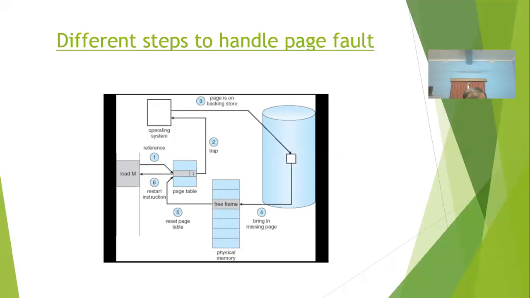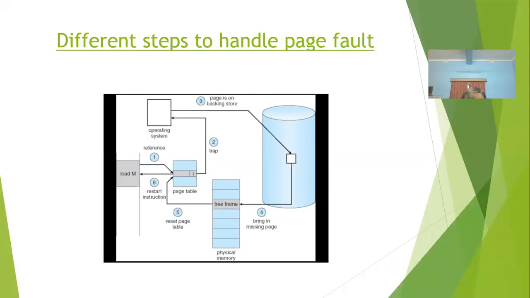At the very basic, as the first step, a trap will be generated to the operating system, and after that, the user process's registers and the process state are saved.